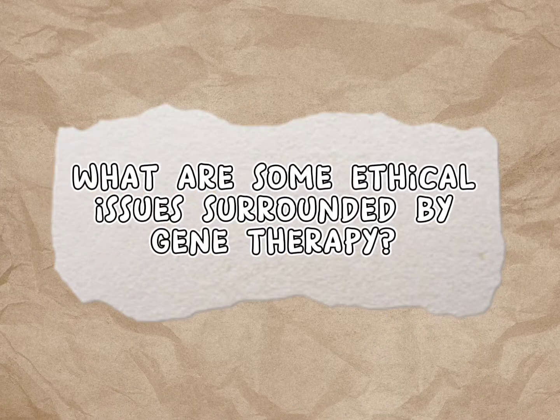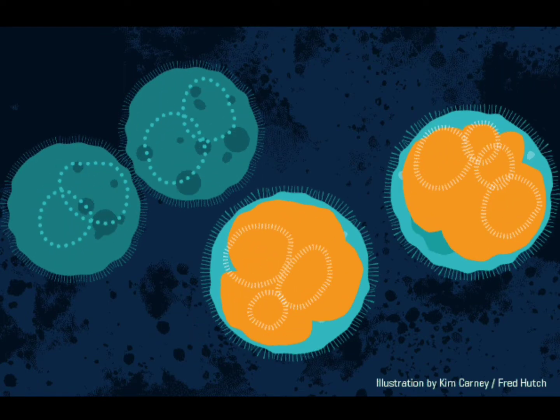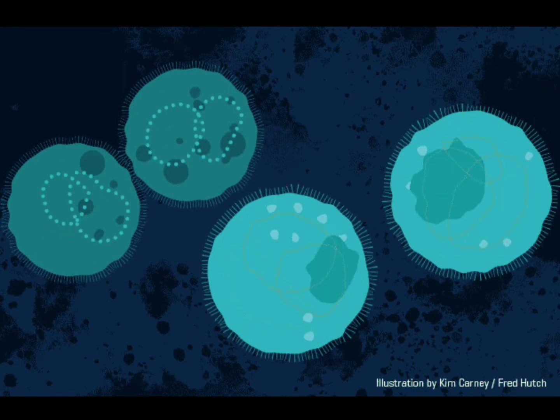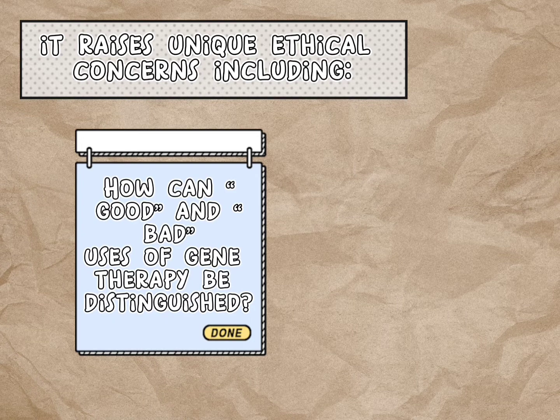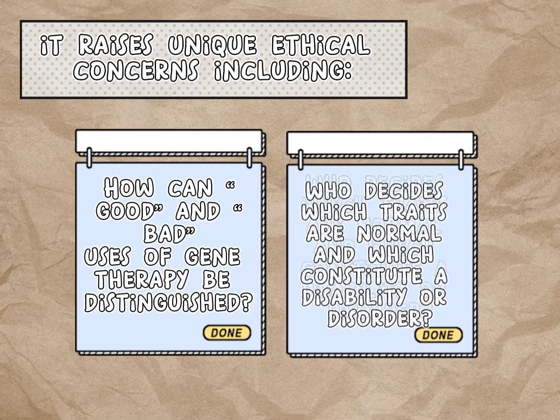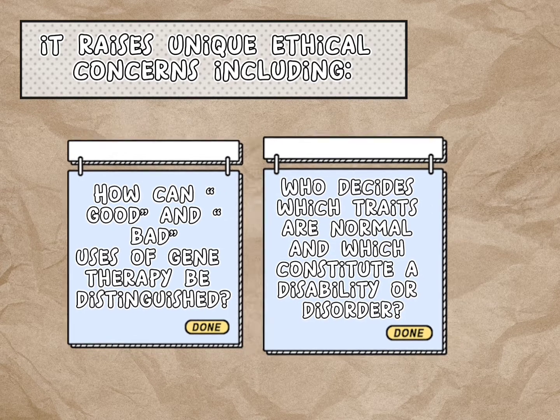What are some ethical issues surrounding gene therapy? Because gene therapy involves making changes to the body's set of basic instructions, it raises many unique ethical concerns, including: how can good and bad uses of gene therapy be distinguished? Who decides which traits are normal and which constitute a disability or disorder?